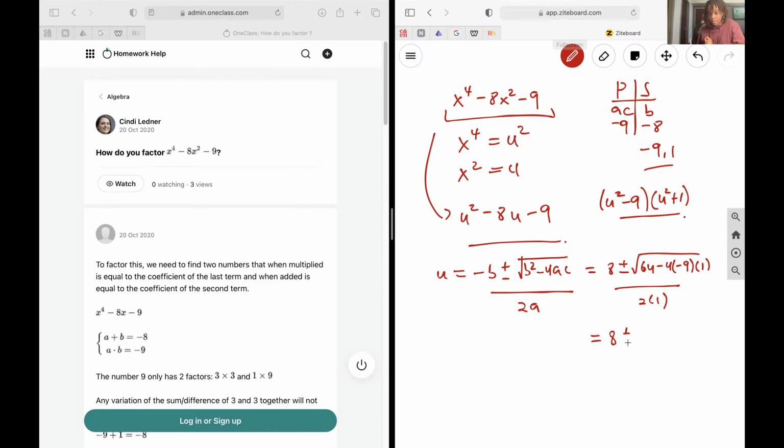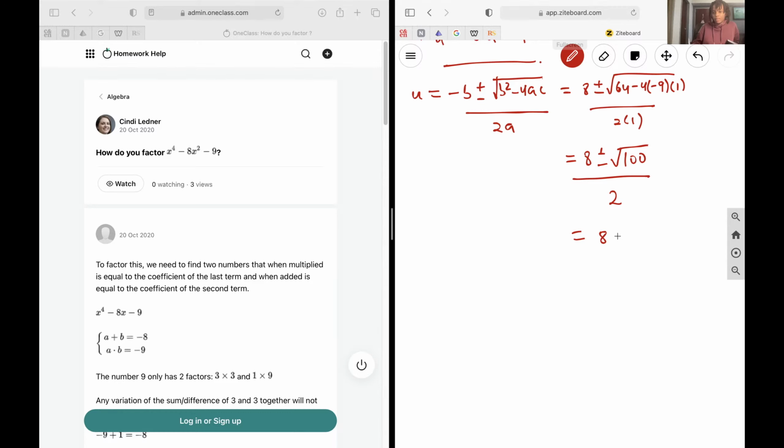So this will become 8 plus or minus the square root of 100, all over 2.